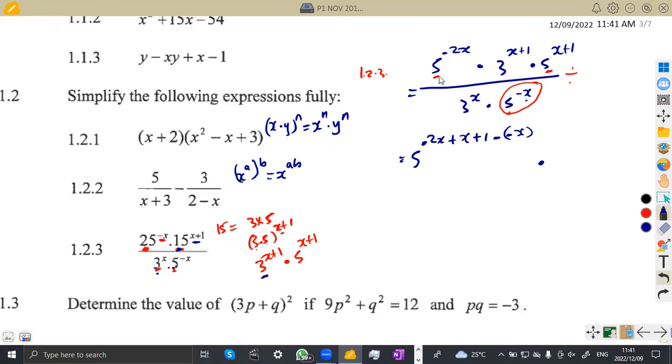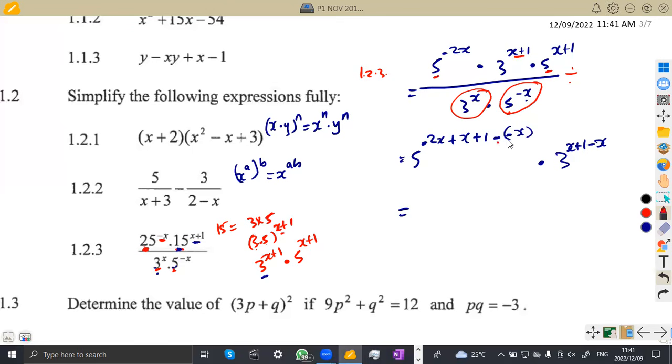We multiply because here 5 was multiplying to 3. So we're going to multiply to 3 to the exponent of x plus 1, which is already given. But if we cross-check, there is another 3 that is dividing. So we are going to subtract the exponents just like what we did on 5 here. So we're going to subtract the exponent of x. So here is just going to be x, direct x like that. All right, so from there, we're supposed to simplify as far as possible.